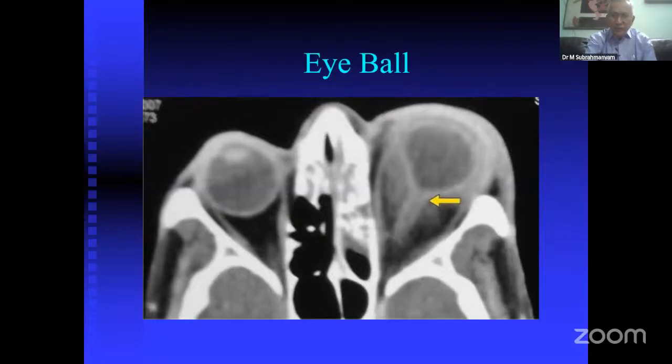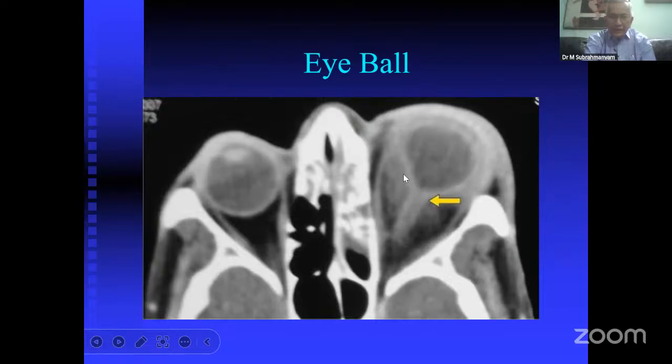If the proptosis is very severe, sometimes what can happen? The optic nerve, which has a sinuous curvature, is there to accommodate the stretching of the eyeball as occurs in proptosis. But if proptosis is too much, what happens? It tents the posterior surface.